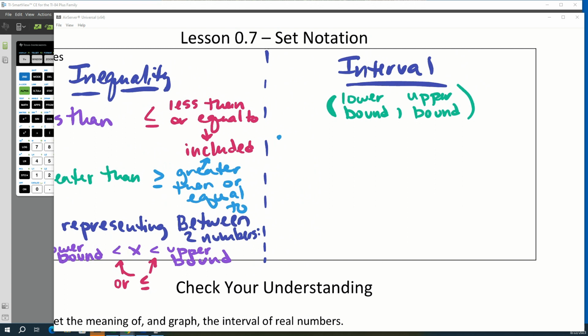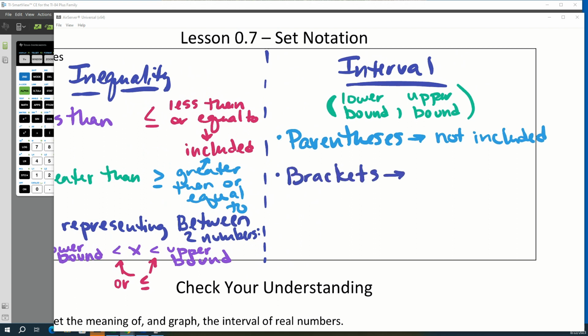So those of you that did interval notation last year, do you remember if you do parentheses when it's not included or parentheses when it's included? Not. Right, so parentheses when it's not included, and then brackets when it is included. All right, and it's possible you could have one parenthesis and one bracket, or both brackets or both parentheses.